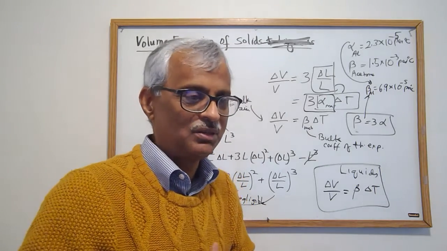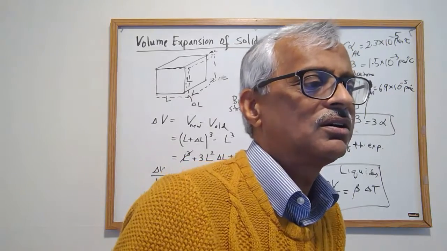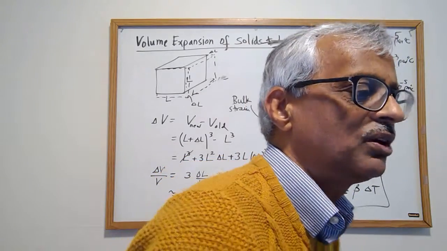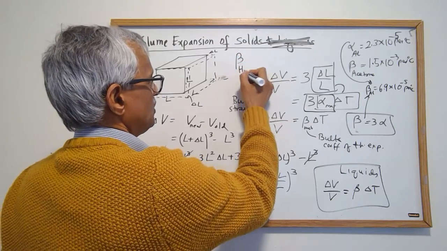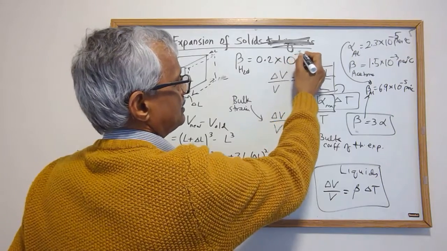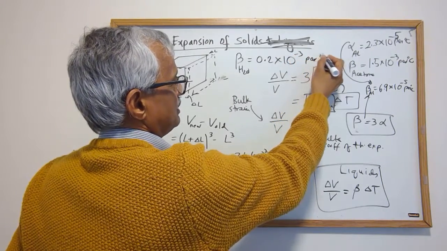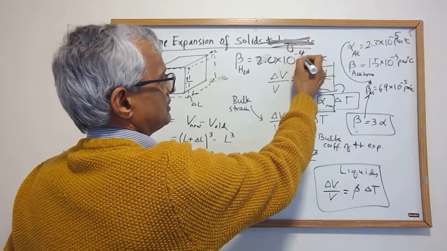Liquids are in general more expandable. For water, I'm looking at beta for H2O, which is 0.2 times 10 to the power minus 3 per degree Celsius. So this is like 2 times 10 to the minus 4.